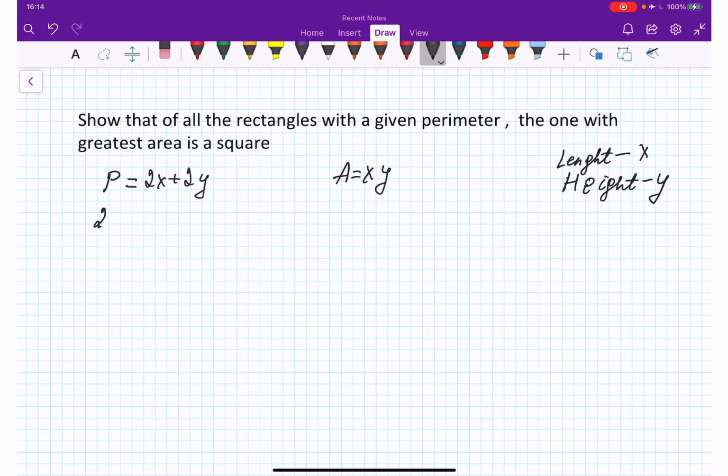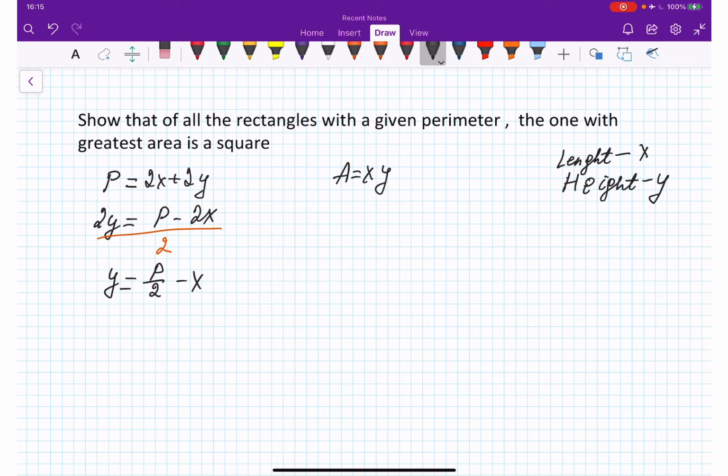Okay, 2y is equal to P minus 2x, right? And divide everywhere by 2. I'm going to get y is equal to P over 2 minus x.